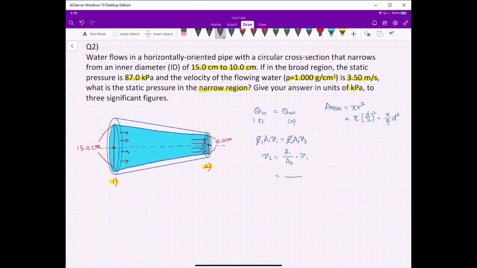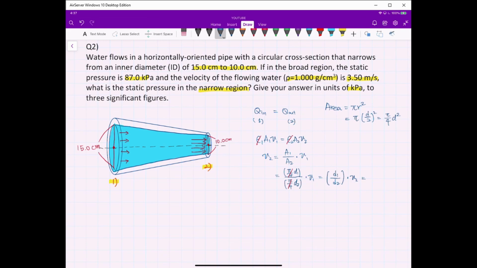That becomes pi over 4 d1 squared over pi over 4 d2 squared, let's put the parenthesis, times V1, which I'll just write here. And we can cancel pi over 4 here. So that is (d1 over d2) squared times V1.